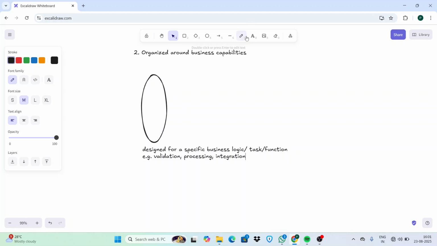So the main goal is that each microservice should be manageable by a small team, and each microservice should handle a specific business logic. So this is the main purpose of this second principle.